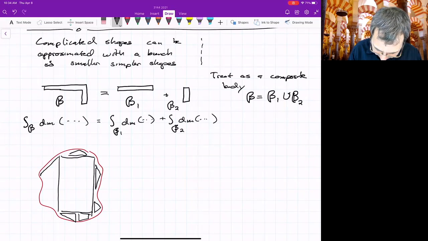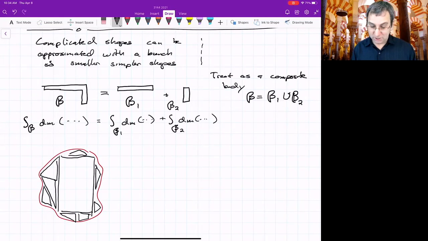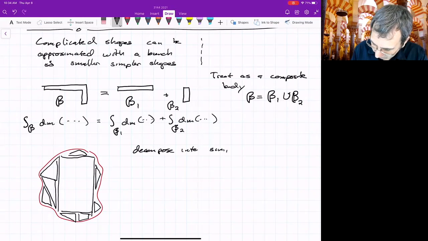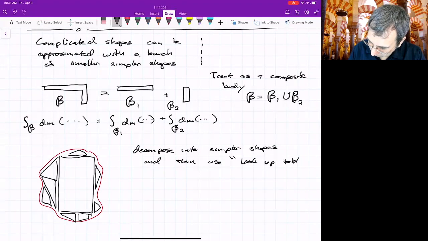This isn't the best, but hopefully you get the idea. So I've taken this shape and decomposed it into some number of simple shapes that you could even have a lookup table for. So this is probably what CAD software would be doing behind the scenes if you were to ask for the moment of inertia. So decompose into simpler shapes. This is what CAD software does.